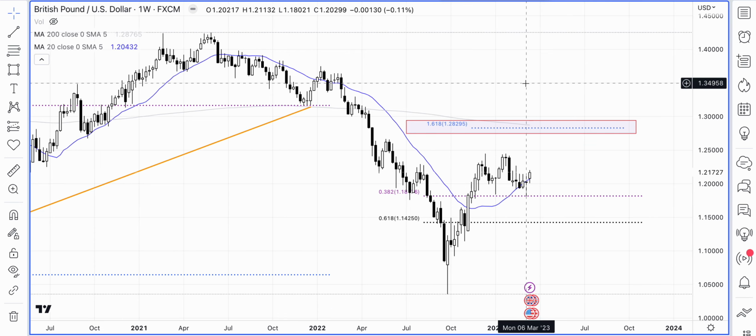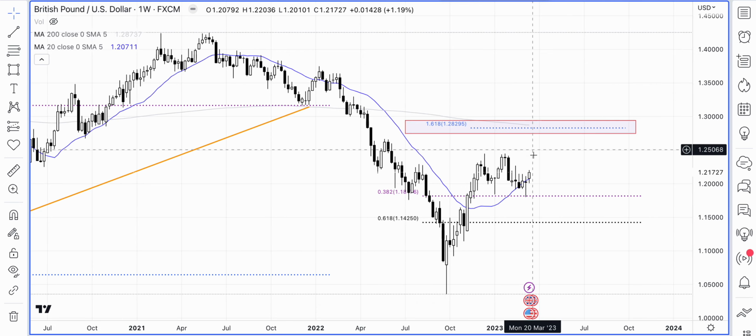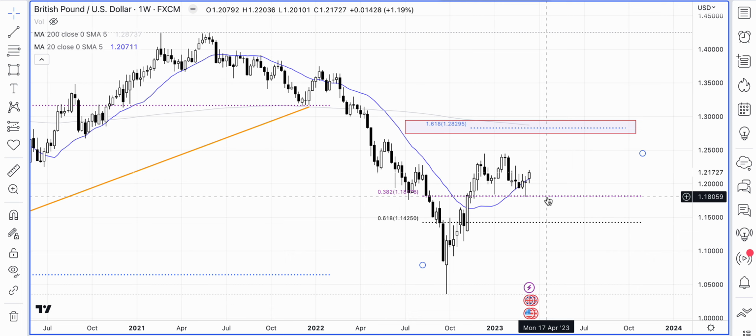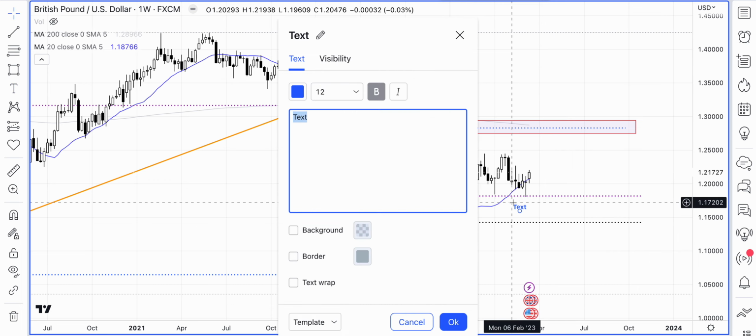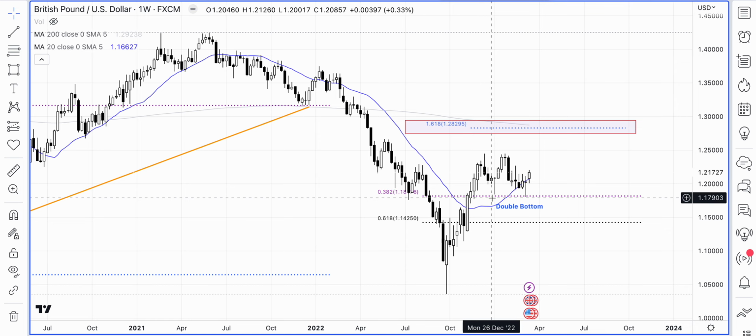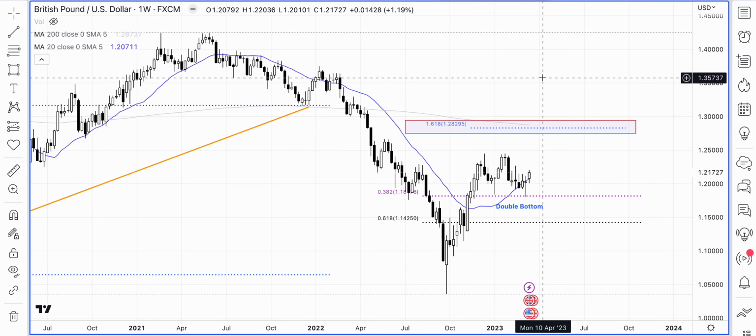This is the weekly chart, and here what we are looking at is that in this scenario, the currency has found support right at the 38.2% Fibonacci retracement, and in fact it has also formed a double bottom right here. So what we can see is a bottom here and a bottom here, and so it's a double bottom in my books.